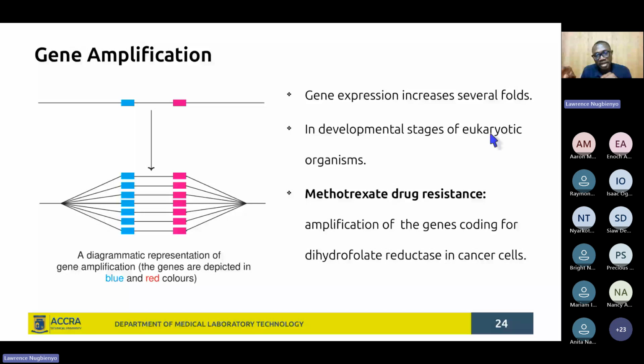Like when the fetus is supposed to have fast production, that proliferation of cells, organs growing and all of that, you have such gene amplification. You can also have such in things like drug resistance. So for instance, you have what you refer to as methotrexate drug resistance. That's a drug which is used in chemotherapy for dealing with cancer.